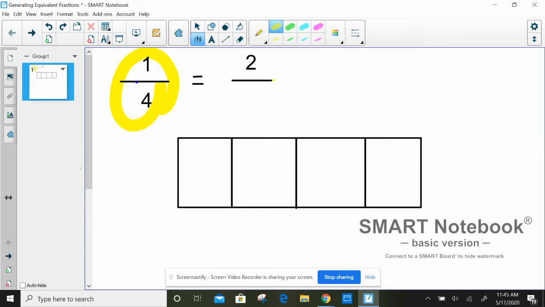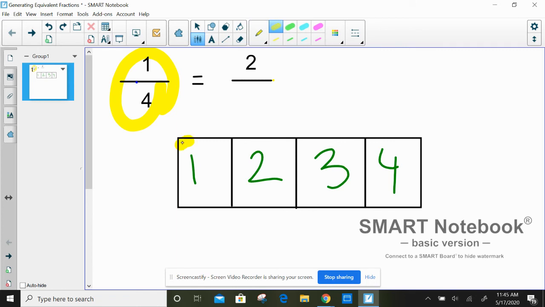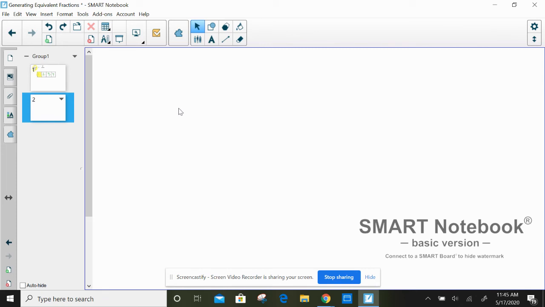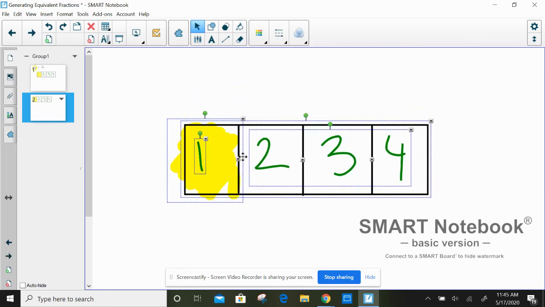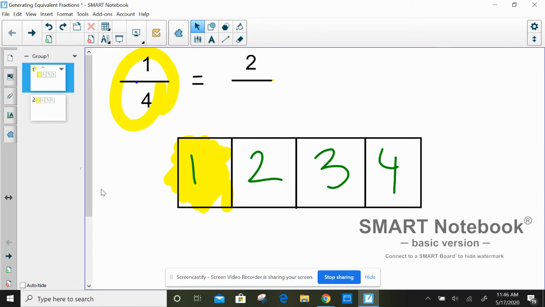Because we have 1, 2, 3, 4, and we have 1 of those 4 shaded here. Okay, and I can even show you guys, make a duplicate of this, and I'll show you 2/8 over here by itself, just to keep it nice and organized for you guys, okay? So here's our 1/4. We're going to keep it all yellow here.